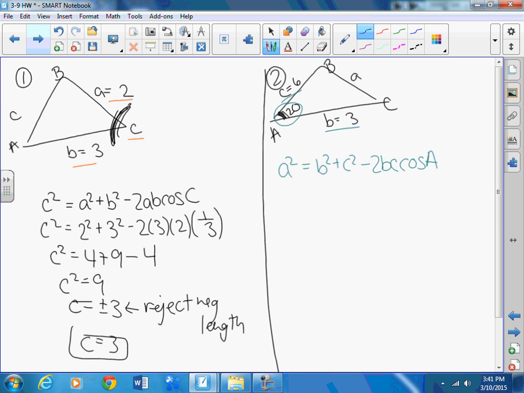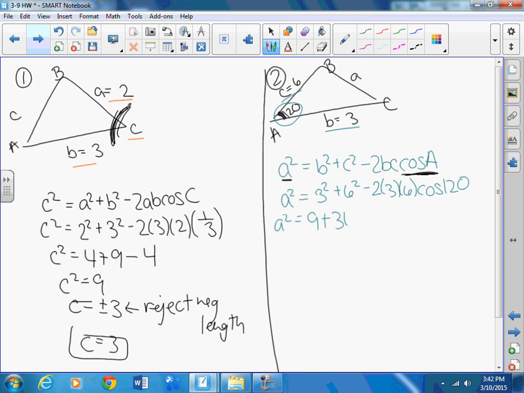Remember, whatever's on the ends has to match. So this, which is a, has to match whatever you're taking the cosine of. Then we can just plug in. A squared is equal to 3 squared plus 6 squared minus 2 times 3 times 6 times the cosine of 120.